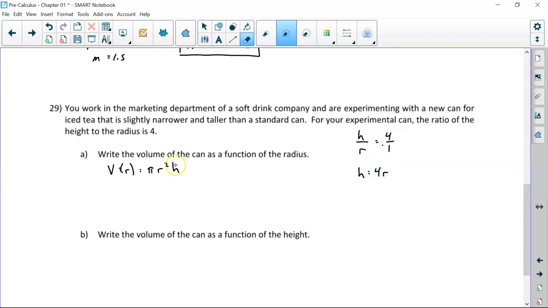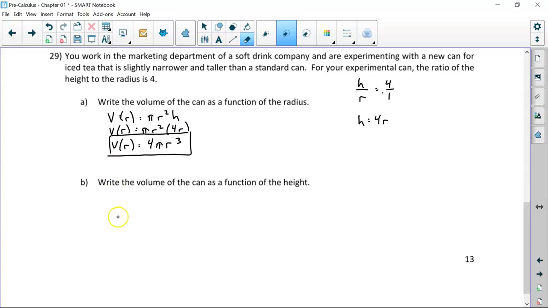So instead of putting H, we can put 4R in its place. So the volume in terms of the radius, R, is pi times radius squared times 4R. We can substitute. So volume in terms of R is going to be 4 pi, radius squared times R is radius cubed. That's a function for the volume in terms of the radius, R.